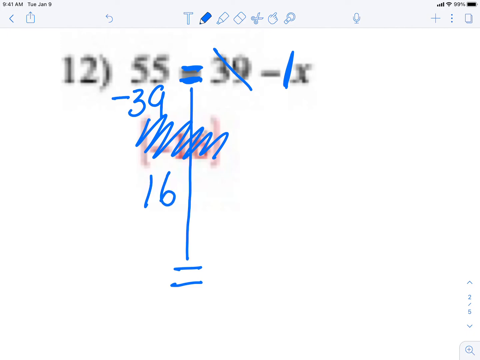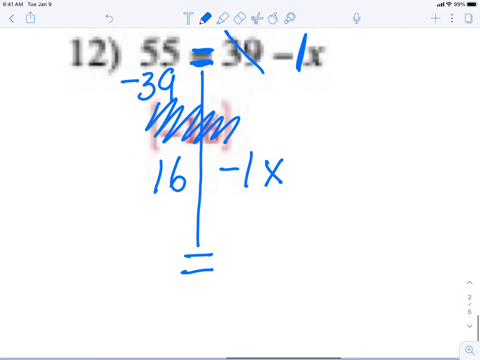But see, x is not by itself. x is with negative 1. So I have a negative 1x here, just like that. And if we remember, negative 1x means negative 1 times x. And the opposite of multiplying is dividing. So I'm going to cross out negative 1 here on the right, and divide by negative 1 on the left.